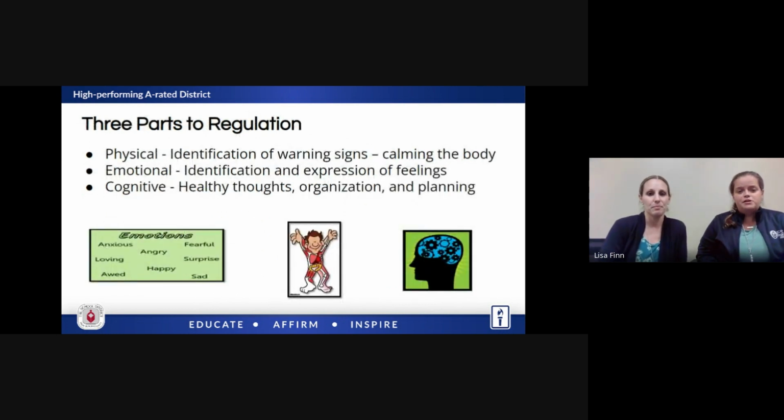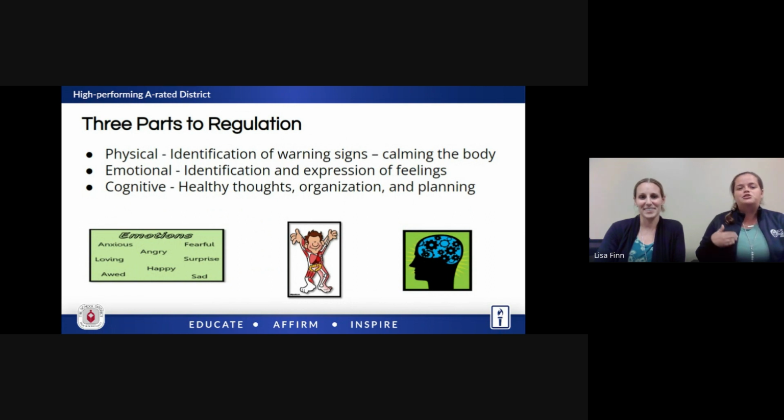So there's three parts when we're thinking about regulation, and we need to keep each of these components in mind. There's the physical regulation, and we're identifying warning signs, starting to see those things that might help me notice my student is starting to become dysregulated, and teaching them some strategies for calming their bodies. There's also emotional regulation, right?